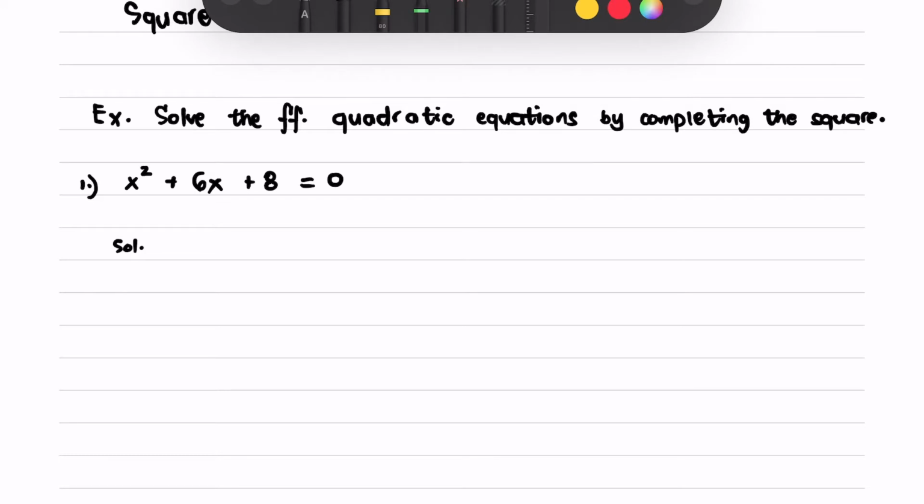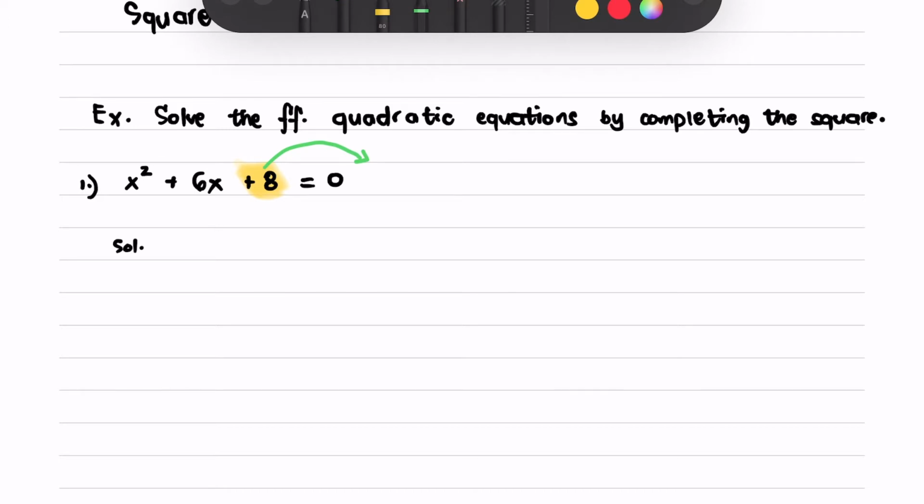Okay? So, unang gagawin natin when using completing the square method is to isolate the constant term. Yung constant term, alam naman natin na wala siyang variable. So, dito i-isolate natin siya, ililipat natin siya sa right side. Okay?